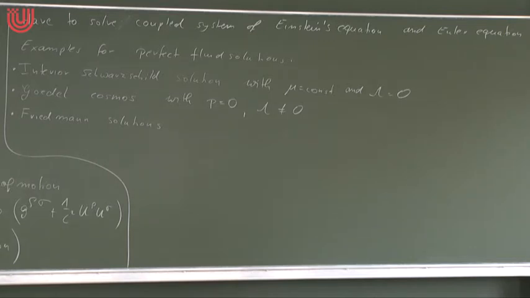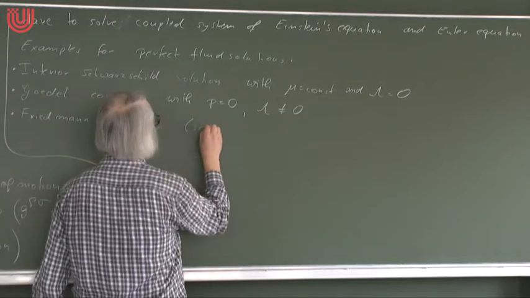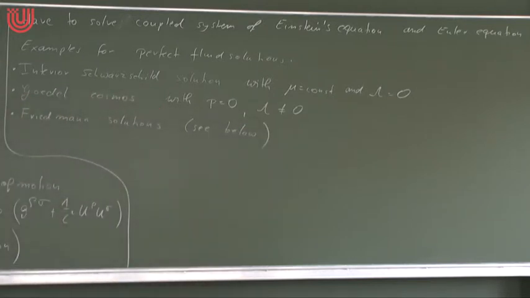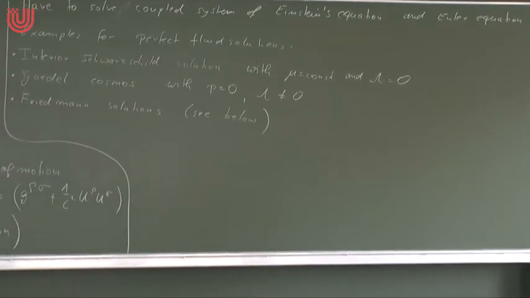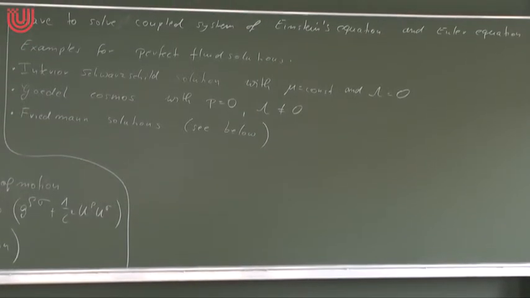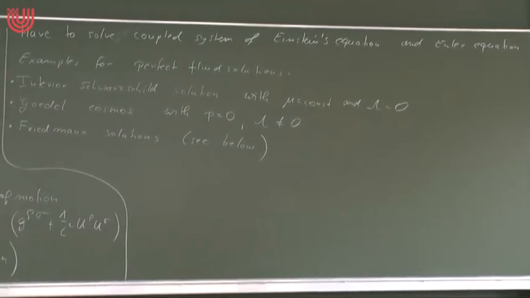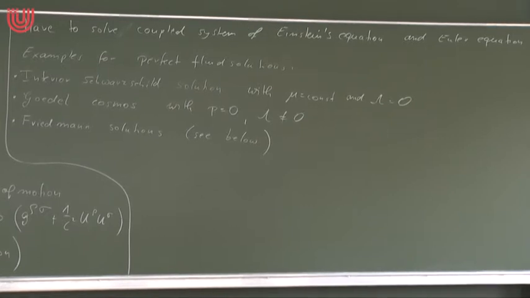So they will be discussed in great detail below. So that's the reason why the perfect fluid solutions will be the most important ones for the purposes of this talk. So it's really surprising how far-reaching these perfect fluid solutions are, what kind of information you can get out of such a simple model.